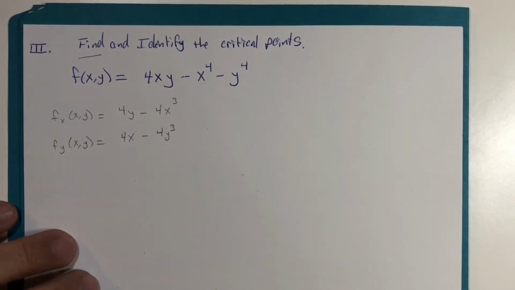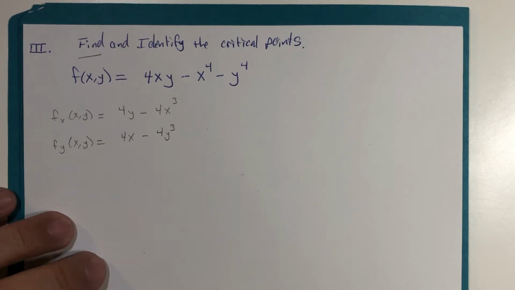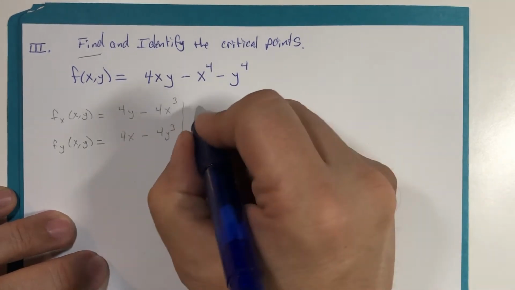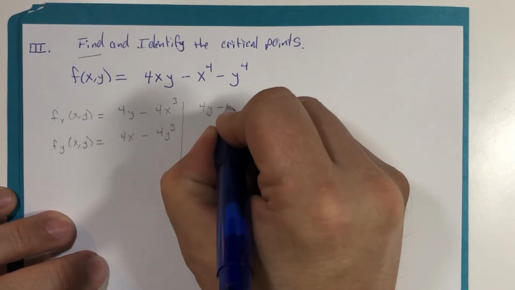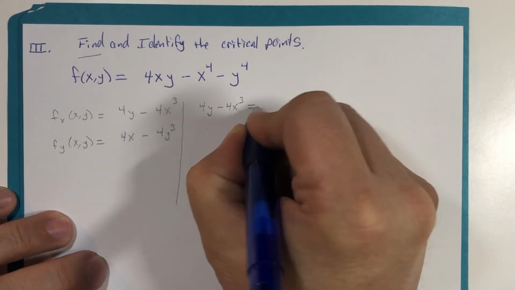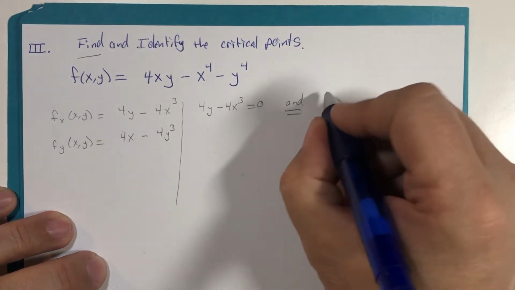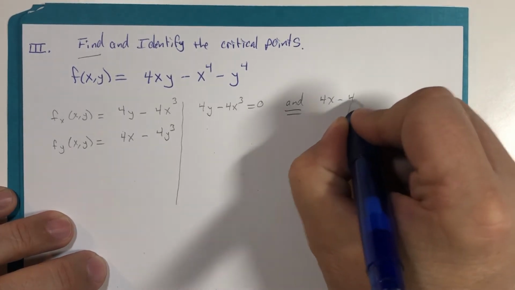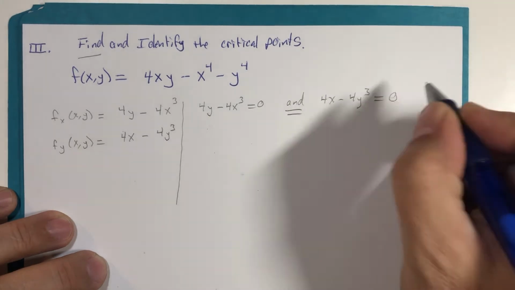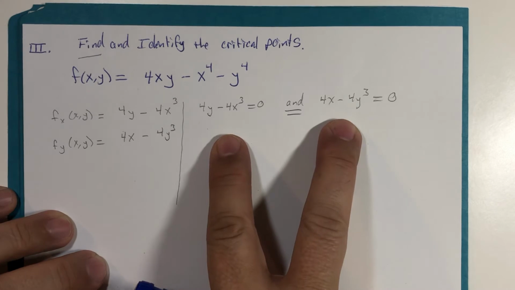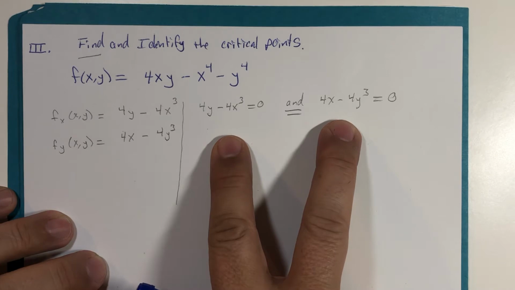And what we're going to do is keep our work separated here. Set both of these equal to 0 simultaneously. Remember, they both must be equal to 0 simultaneously. Now, it turns out that solving these two nonlinear equations as a system can actually be among the most difficult parts of this problem.